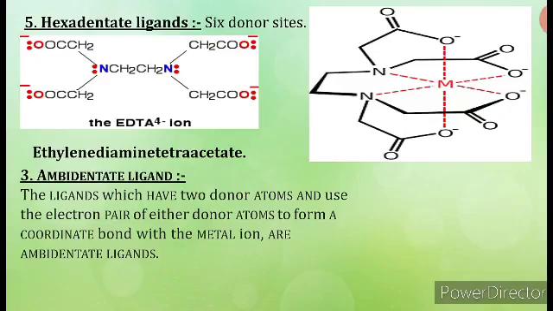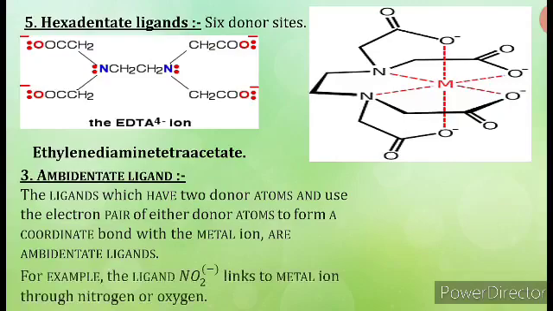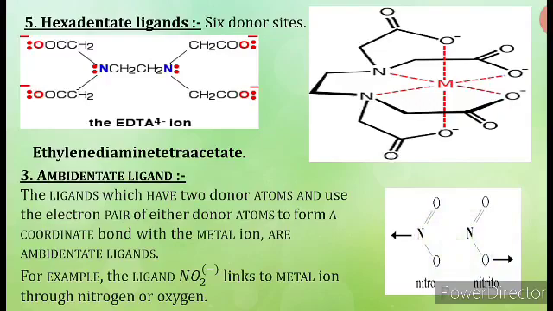Okay. For example, nitrite, NO2 minus. It can link with a metal ion either through the nitrogen atom or through the oxygen atom. You can see the structure over here. See, if it combines with the nitrogen atom, if the donor atom is nitrogen, then it is named as nitro group.